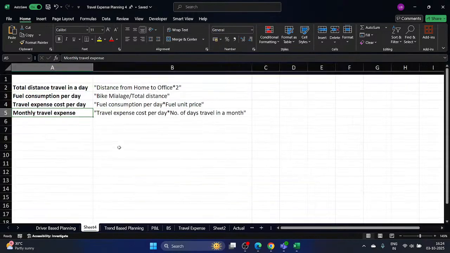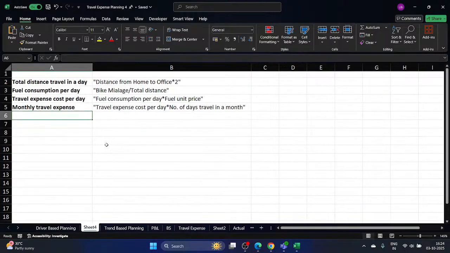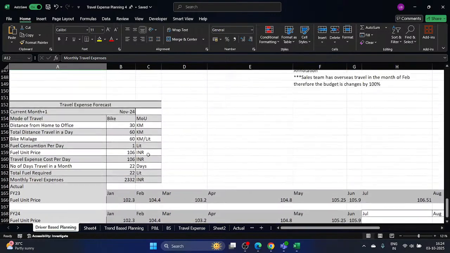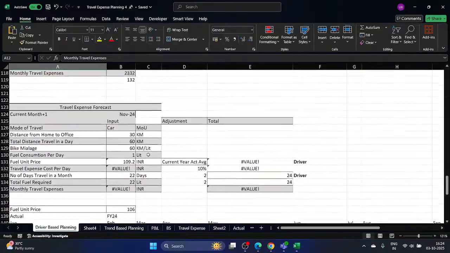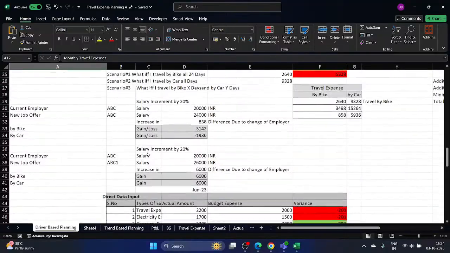And it's a particular formula which we have to apply while computing the driver based planning, driver based outcome. So it's a driver based calculation here, and this is the sheet on the basis of which if there is a certain difference in the price, we can find it.